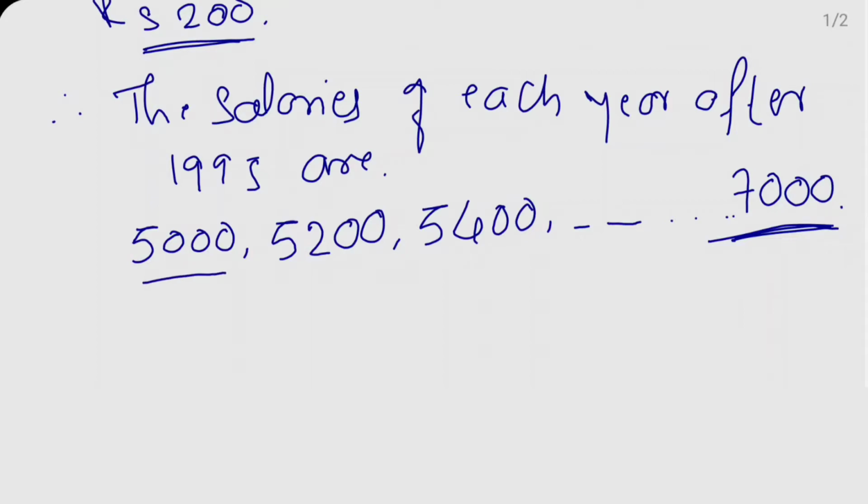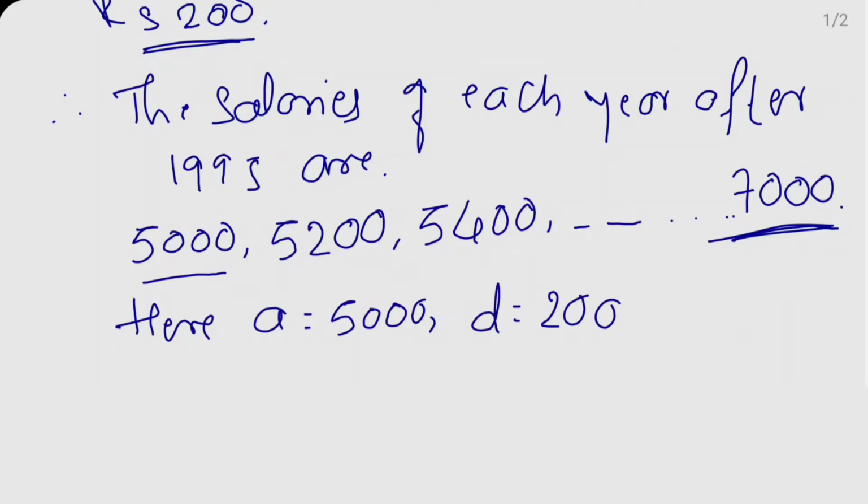Is it clear? So look at here. Here 5000 is the first term. So write down here, A is 5000 and common difference D is 200 because every year he has an increment of 200 rupees. And here AN is 7000, and here we want to find out N. Is it clear?